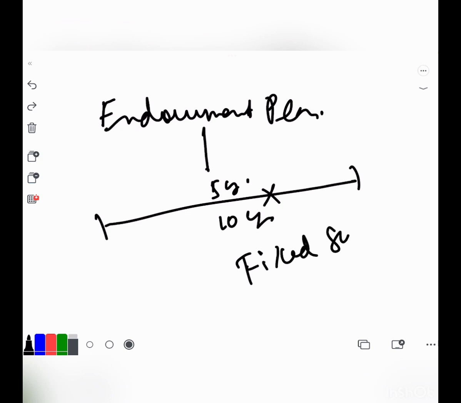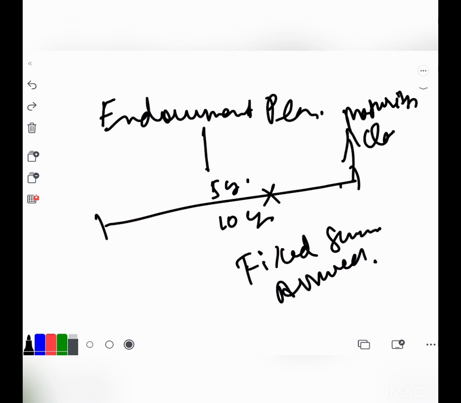Fixed sum assured. And if he survives, there will be a maturity claim, a survival claim, at the end of the tenure.